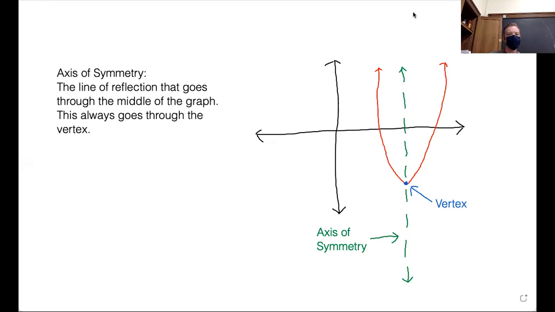Let's go ahead and take a look at an example problem here. So your directions will be something along the lines of, oh, let's not make that green. Let's make that black again.